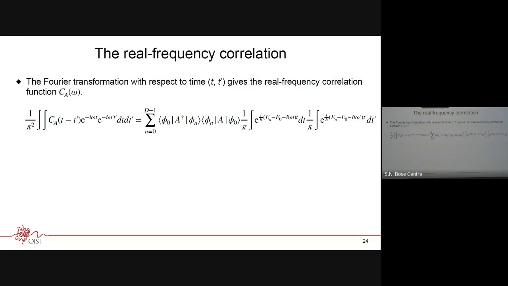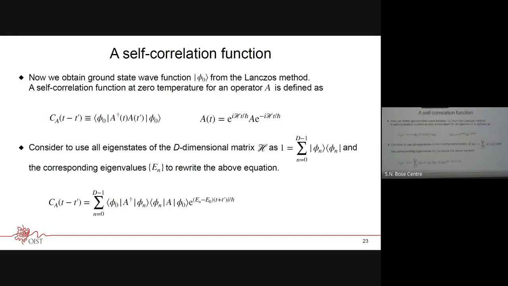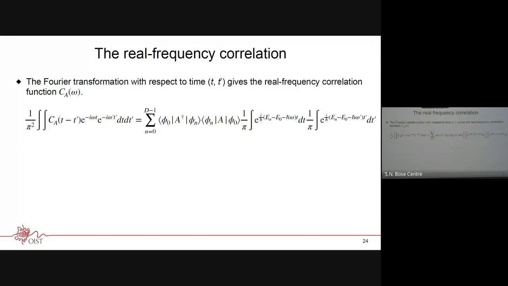So next is to think about the Fourier transform with respect to t and t prime. And that gives the real frequency correlation function C omega. So this is the previous function here, and we are taking the Fourier transform with respect to t and t prime. Now we can get this equation that can be written with the delta function here.